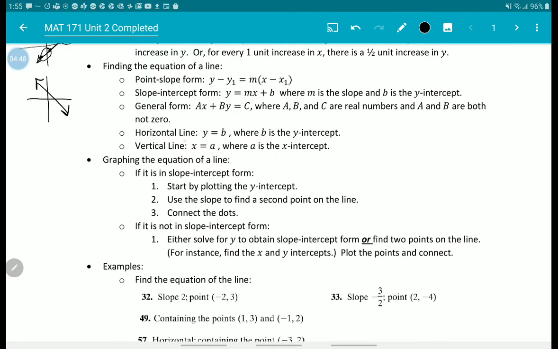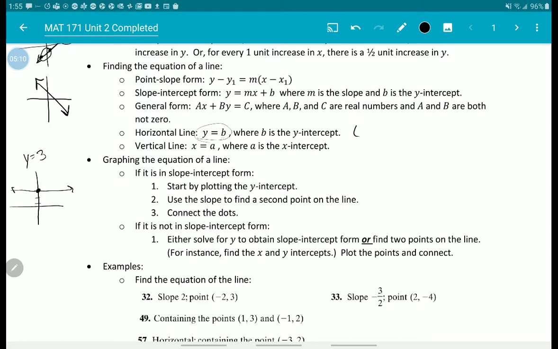And then a horizontal line, we talked about this a little bit ago, is always going to be in the form where y is equal to b. So an example would be like y equals 3. Notice it's going to cross that y-axis at that value of 3.